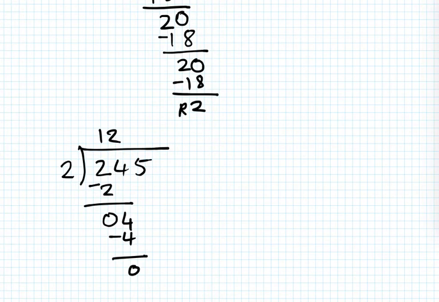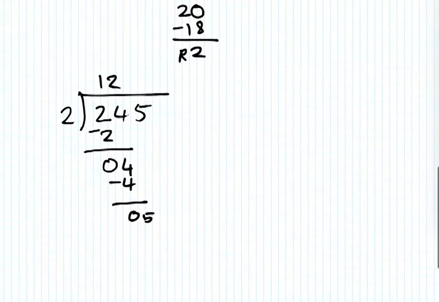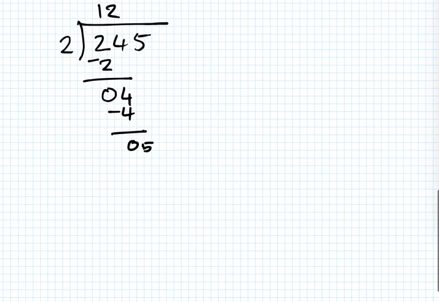Now you've got 5 here, so we drop down the 5, the next number. So 1 2 is 2, 2 2 is 4, 3 2 is 6, but 6 is too big, right? So we use 2 2 is 4. Right, 5 subtracted by 4 is 1.